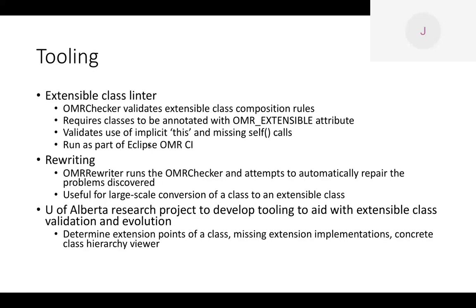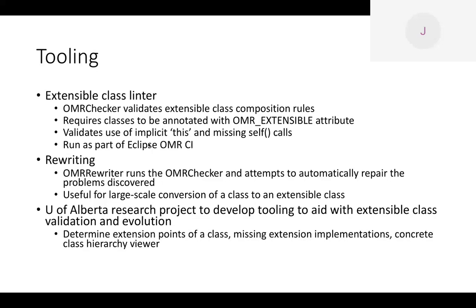There's actually a research group at the University of Alberta that's been doing some work on projects like this, and they've been helping us develop some tooling to aid with further ways of validating extensible classes and figuring out what parts of the class are extensible.